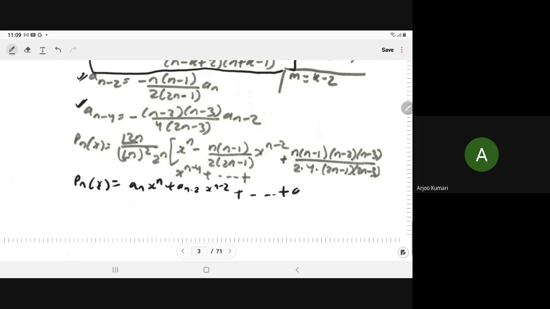The last term is either a1 x or a0, depending on whether n is even or odd. So ultimately we have an into x to the power n, then a(n minus 2) in terms of an. Here we have taken an common, and we have seen that it is factorial 2n upon factorial n whole square upon 2 to the power n.